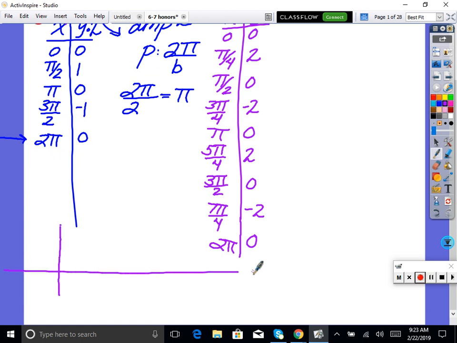Alright, so let's fit in, so you would have pi fourths, pi halves, 3 pi fourths, pi, 5 pi fourths, 3 pi halves, 7 pi fourths, 2 pi, amplitude is 2, and then we're going to graph our sine.